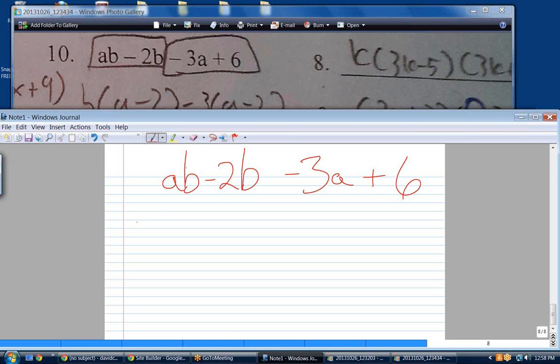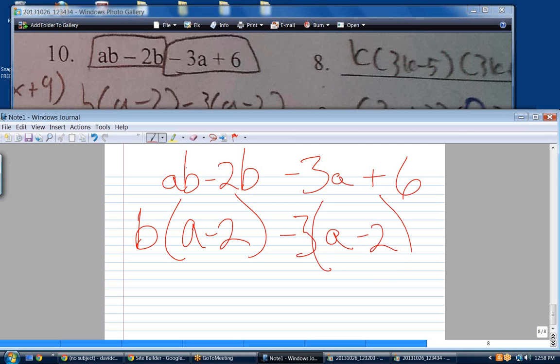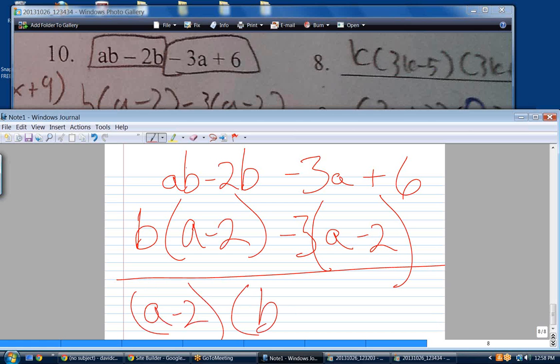So if I pull out a b here, I have a minus 2. And if I pull out a 3 there, what do I have? A minus 2. Yep. So now factor that. You get a minus 2 in parentheses, and then what's left over, which is b minus 3.